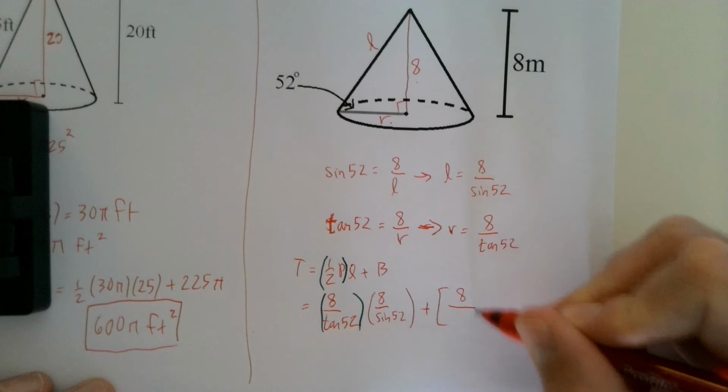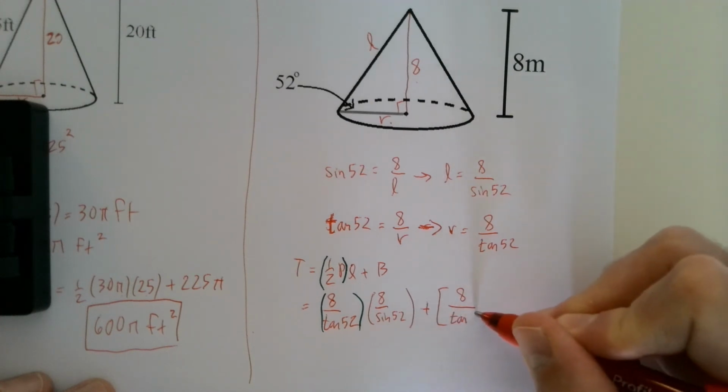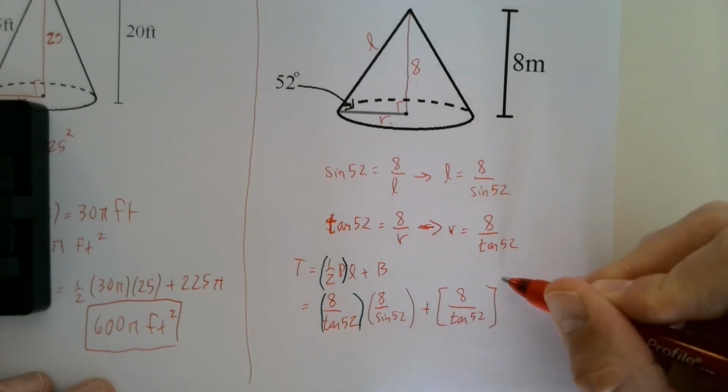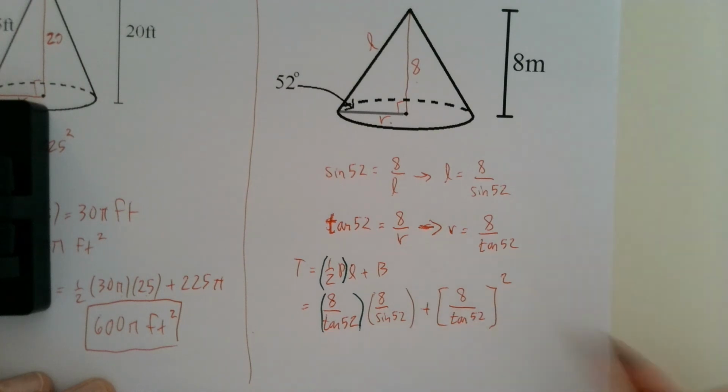So I'm going to do this thing squared, because that's my radius, times pi. Wow, kind of a nightmare. I'm going to type all that into my calculator, see what I get. So that's 64, divide parentheses, tan 52, sine 52.